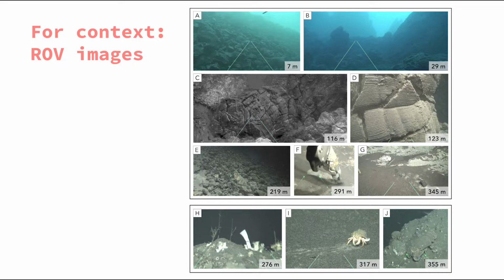But the smallest fragments, the hyaloclastite and the ashes, were found up to almost 400 meters depth. As you can see here, the floor is still completely covered in ashes and hyaloclastites. And here I also show some pictures of the effect on the vent communities, just to give you an idea of how devastating it was for the local environment. Okay.